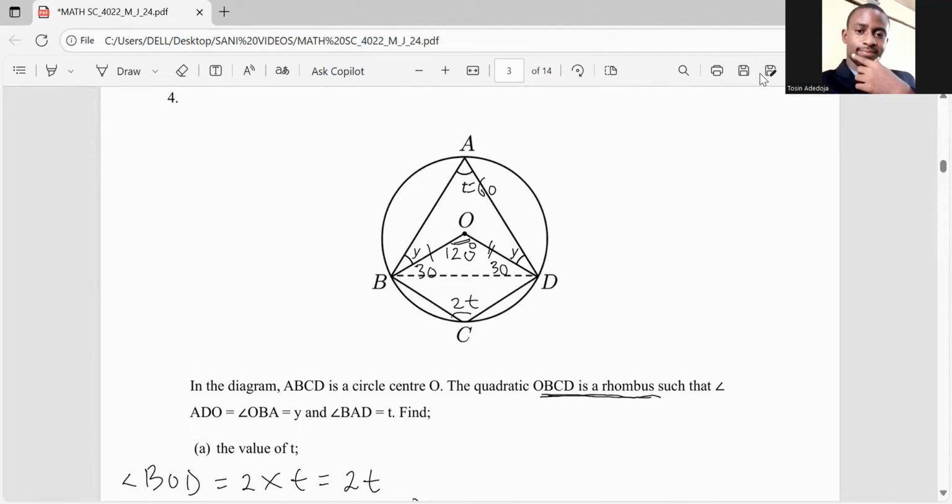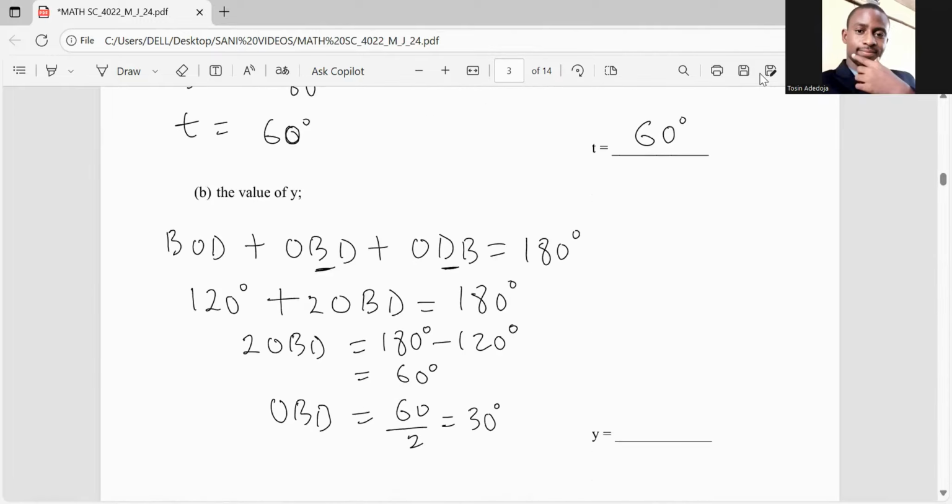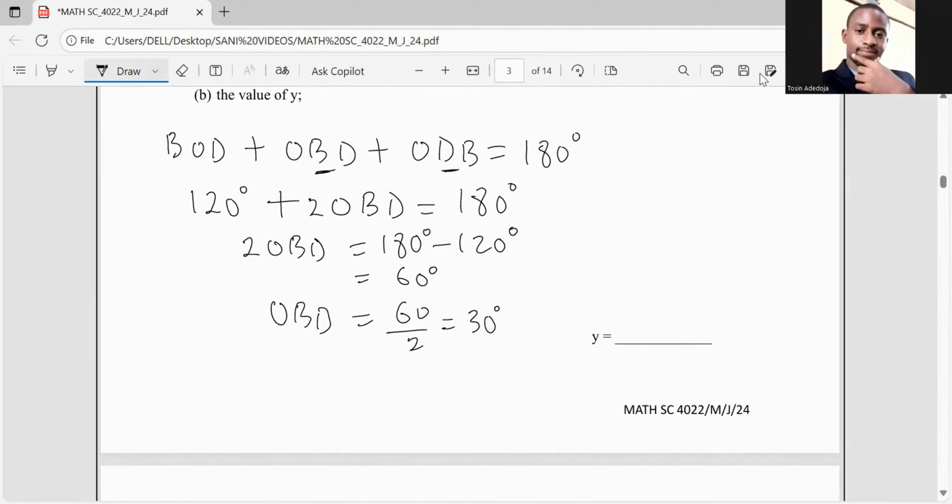That's another sum of angles in a triangle. So 60 plus 30 is 90, 90 plus 30 is 120, and y plus y is 2y.